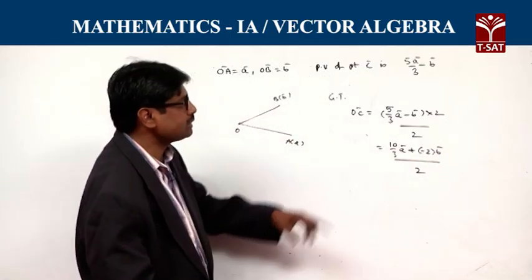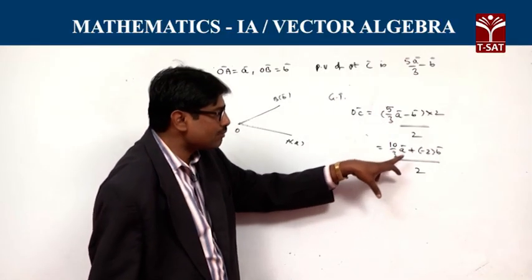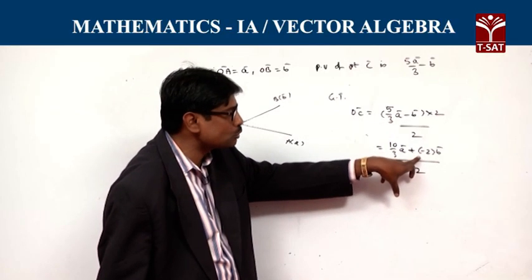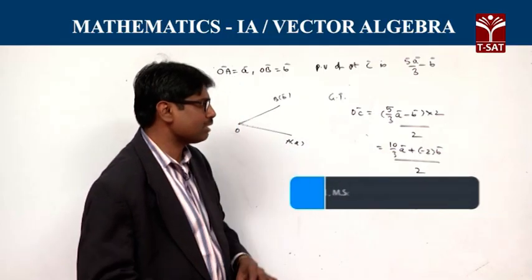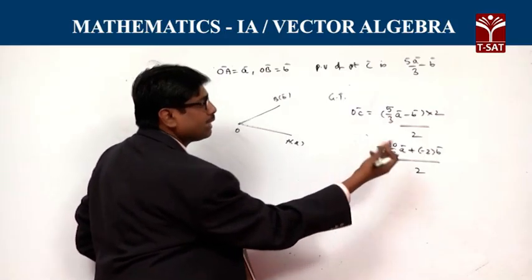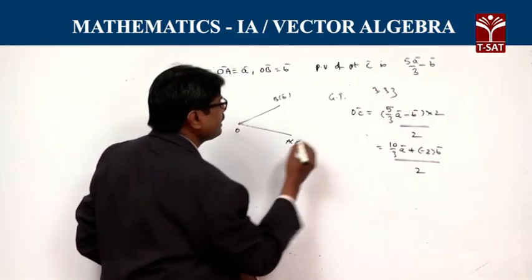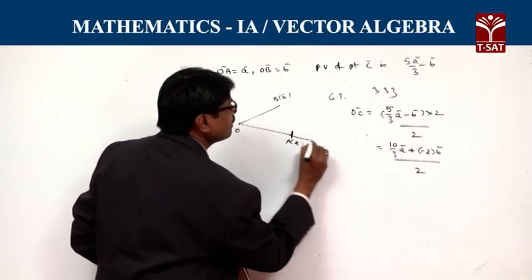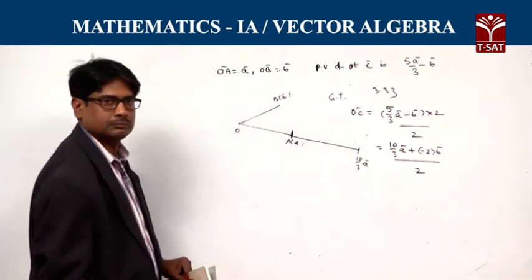To locate the position of the C, express in the midpoint form. 10/3 of A bar plus minus 2/3 of 2 times of B bar by 2. What is the meaning of this one? We extend A bar 10/3 times, approximately 3.33, and extend this A bar 10 by 3 times of A bar.